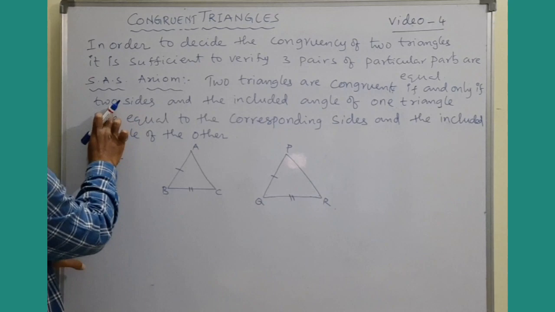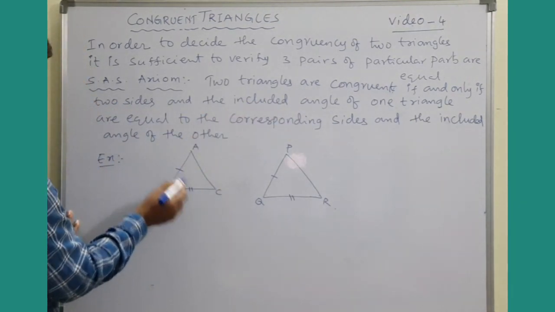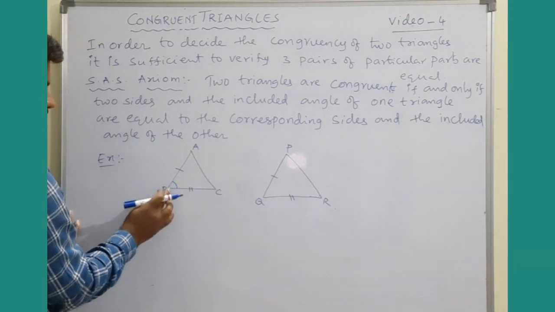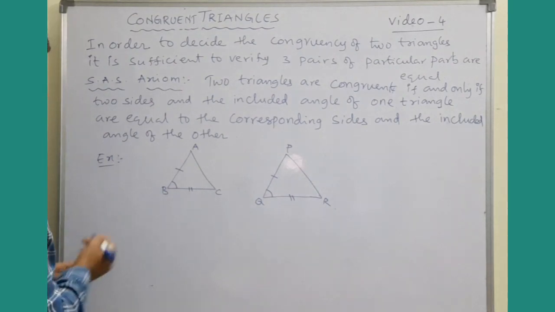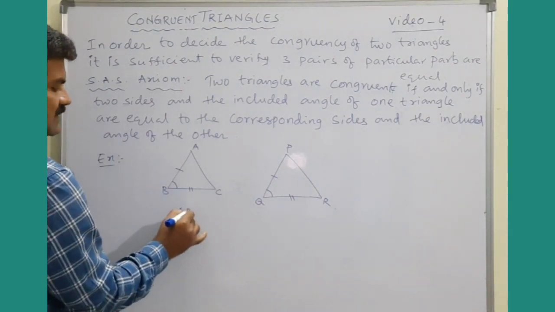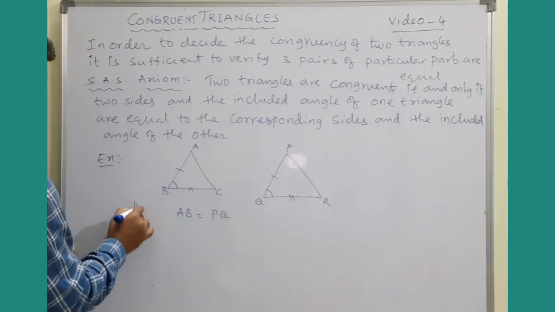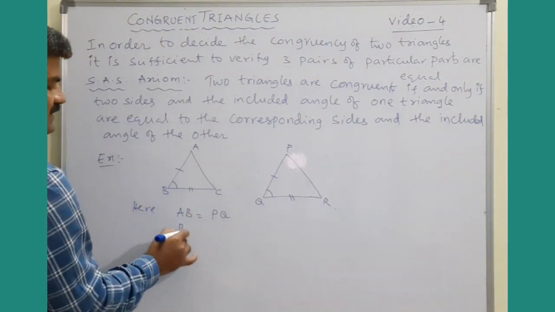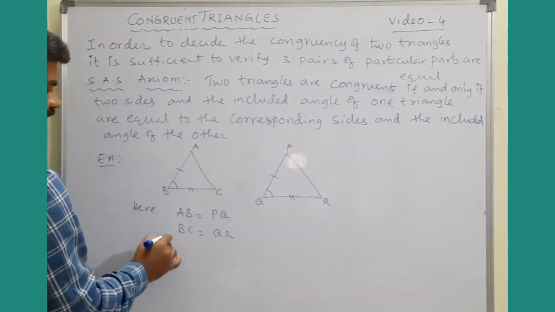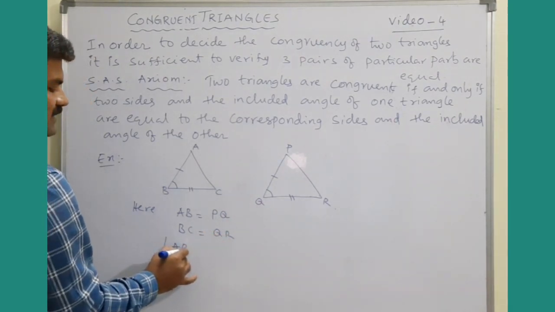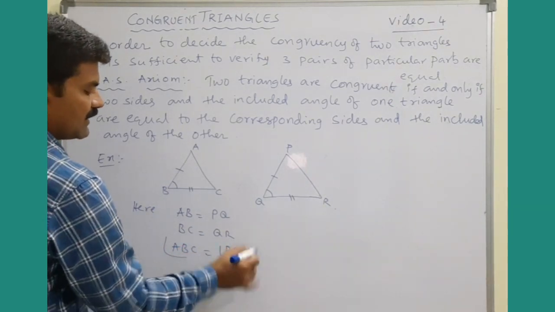And the included angle of these two sides is angle B, and here angle Q. So AB equals PQ, BC equals QR, and angle ABC equals angle PQR.